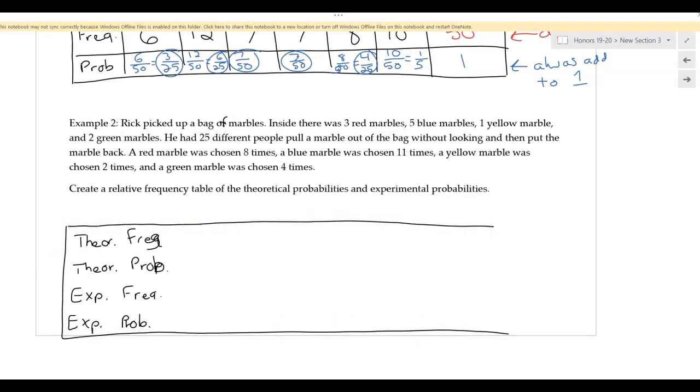And we have red, blue, yellow, green, and our total.